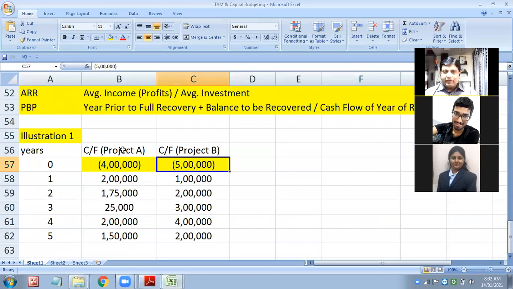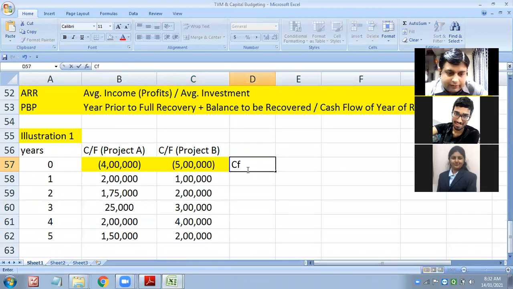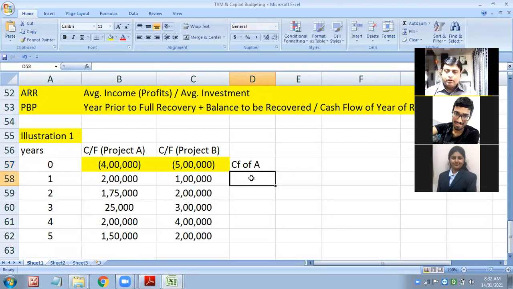I will take the cash flows and calculate the cumulative cash flow of project A. First, cumulative cash flow, I hope you know: 2 lakh.